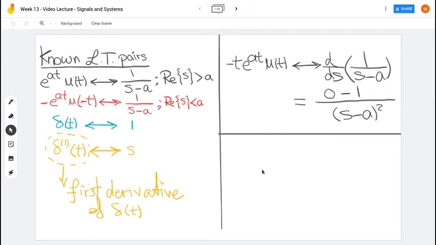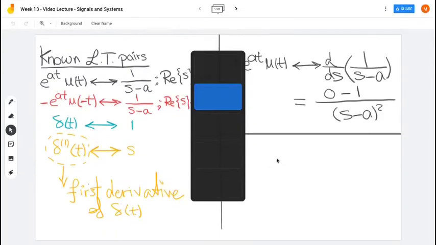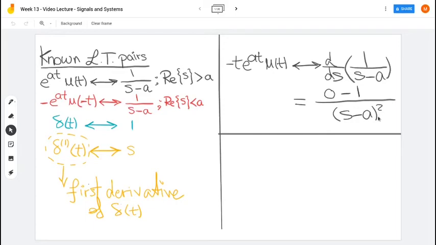And now we can see that the term we have over here, which is 1 over s plus 2 all squared, is very similar to this term, s minus a all squared. And a here will be minus 2. And of course, the negative sign here will cancel out with the negative sign here. So we can simply say that 1 over s minus a squared has a transform t e to the power at u of t.